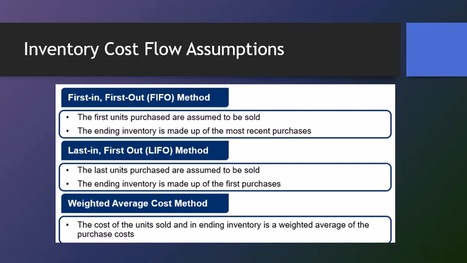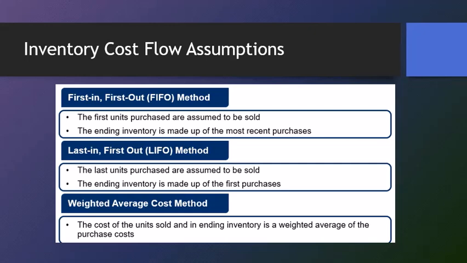So if we use the FIFO method, that is first in, first out, we assume from a cost flow perspective that the first units that we purchased are the first units to be sold. This means that the ending inventory on the balance sheet is going to be comprised of what we've purchased most recently because that's going to be what hasn't been sold yet.